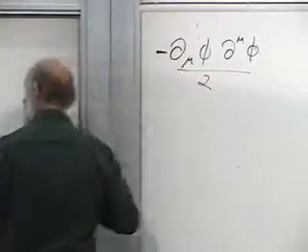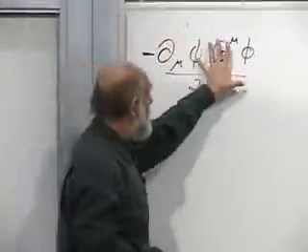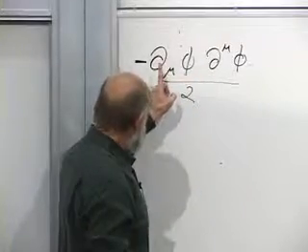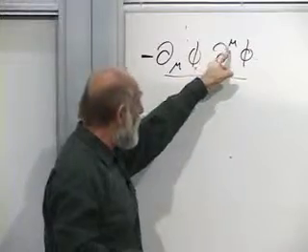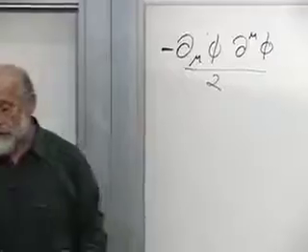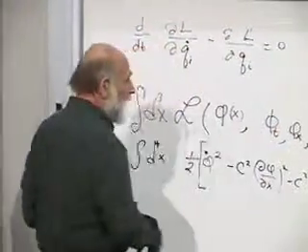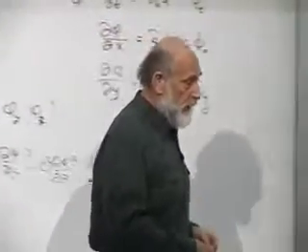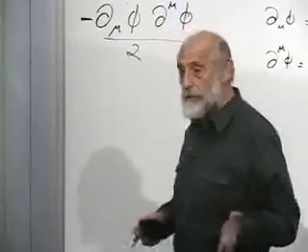So the Lagrange density that I've written down over here is nothing but the scalar which is made by contracting together the covariant components of the gradient of phi with the contravariant components. That makes a scalar, and as a scalar, it tells us the action is invariant, and if the action is invariant, the equations of motion will be invariant.